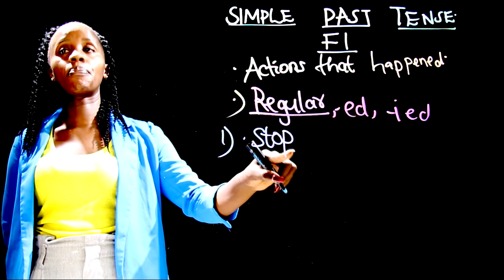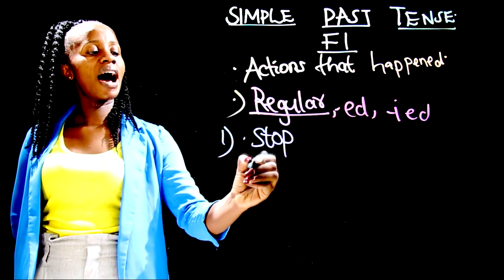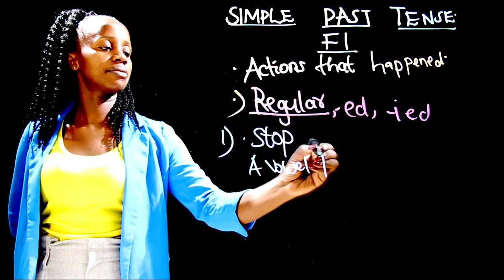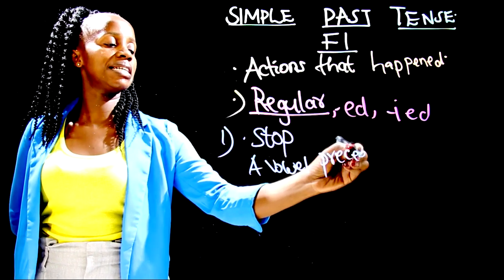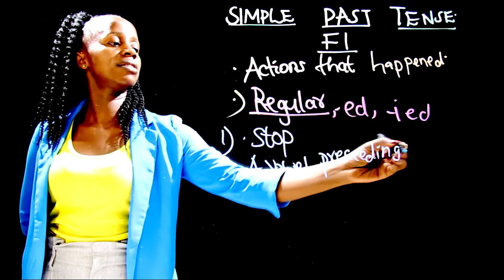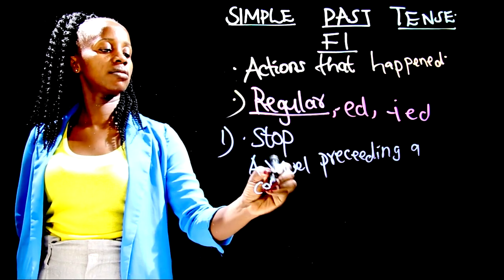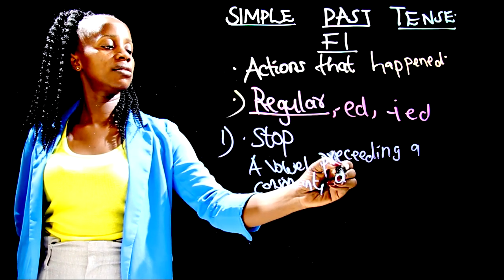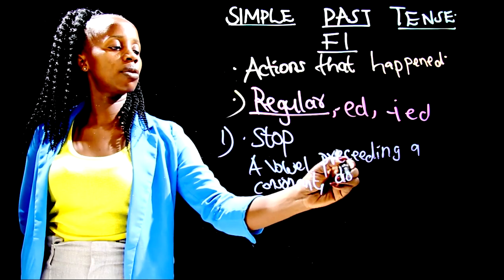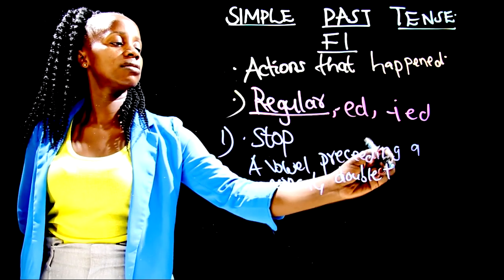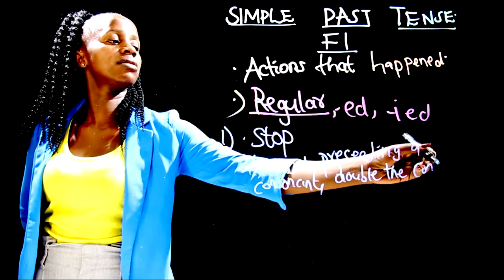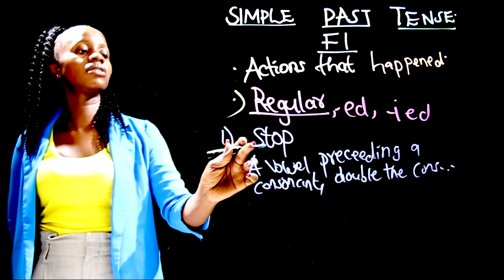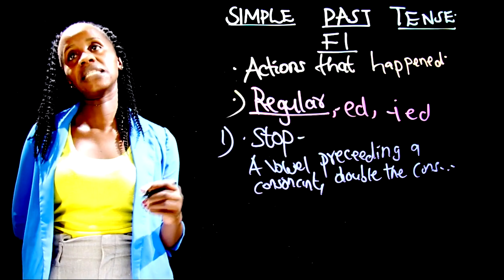So when we have a vowel preceding a consonant, you double the consonant, and then add ed. So for example, stop, the past tense is stopped.